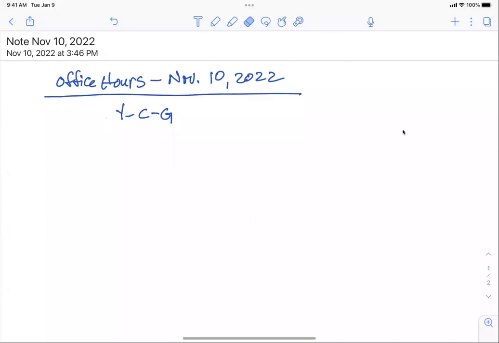What I have on the screen is something from earlier in the semester. Hold on, let me get my iPad situated here. So desired saving is equal to Y. If you look back at the uses of saving identity back in chapter 2, you'll see that this is desired saving.